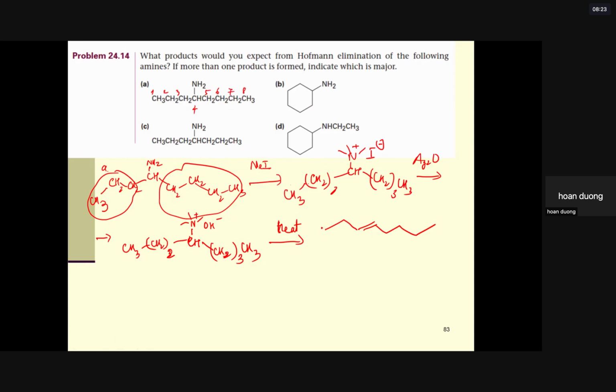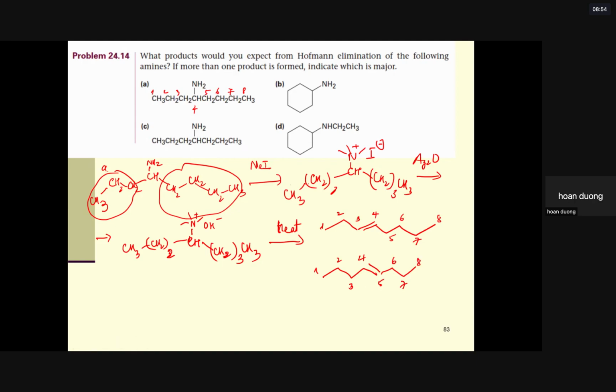So now 1, 2, 3 should be the beginning for the double bond, right? And number 4, 5, 6, 7, 8. And the second one should go this way: 1, 2, 3, 4. Now 4 should be for the double bond, then 5, 6, 7, 8. It looks like two products, right?